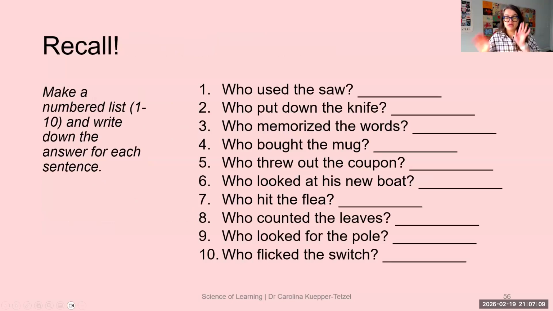Okay, here we are again. Write down all words you remember. I'll give you another minute for this.